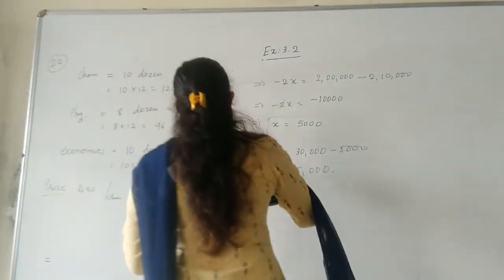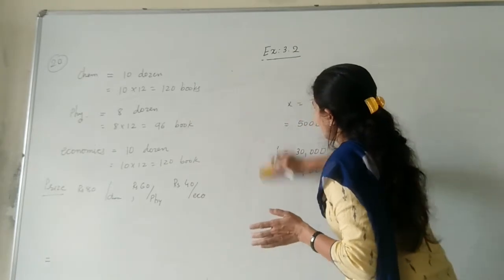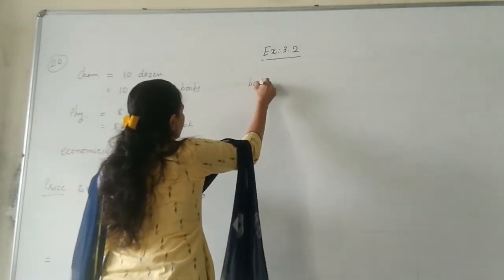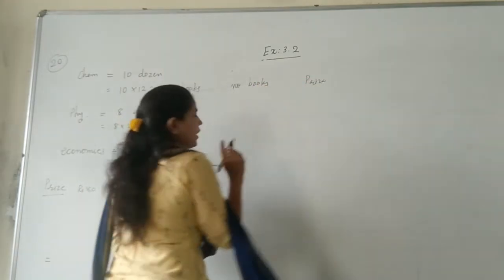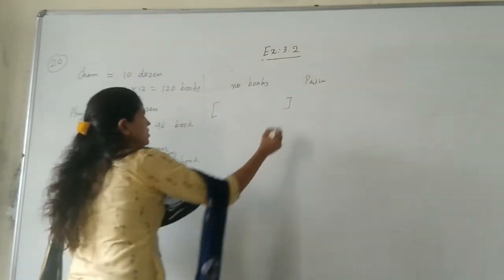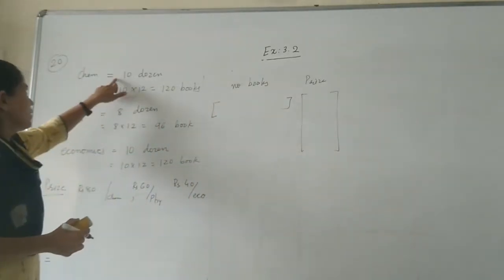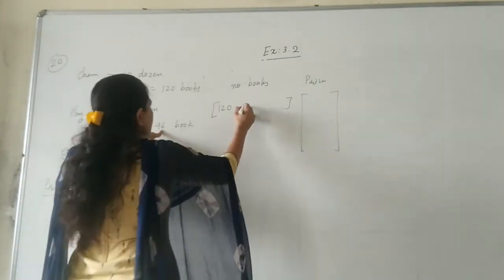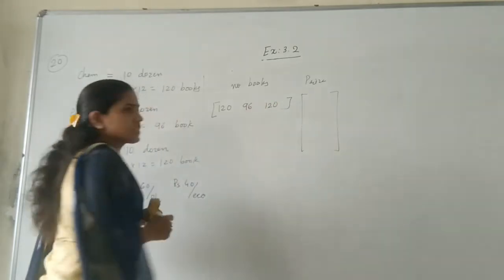So matrix algebra means, what did we do just now? Just multiplication. So in multiplication form, we will write first the number of books and then the price. We have two matrices. One matrix we will write for the number of books and the second we will write for the price. Now the number of chemistry books is 120, physics books is 96 and 120 is the economics books.